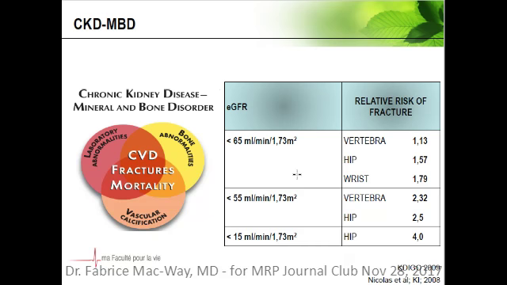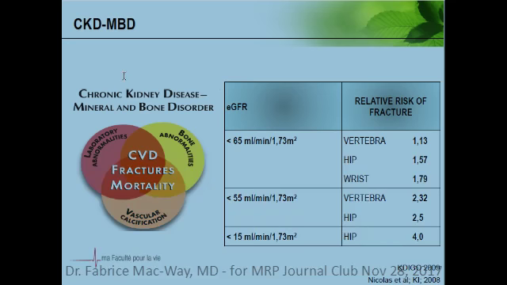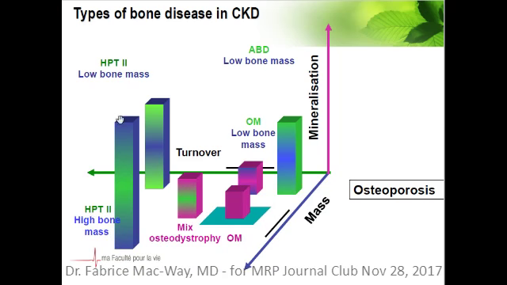So it's very difficult for us as clinicians to know exactly what to do when we face a patient with bone abnormalities, because we have a lot of possibilities of bone disease in the advanced CKD patient or diabetes patients.